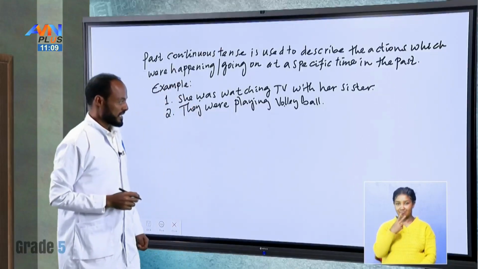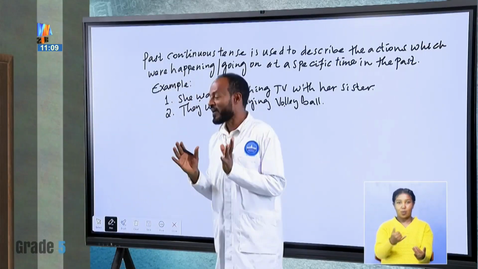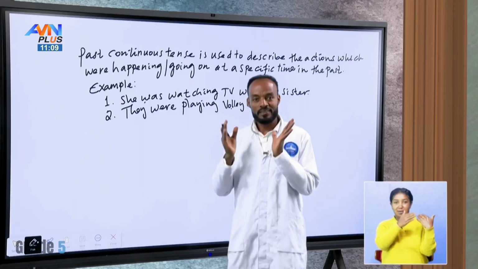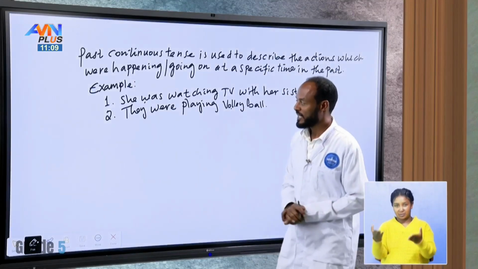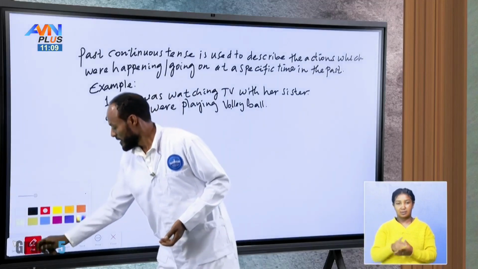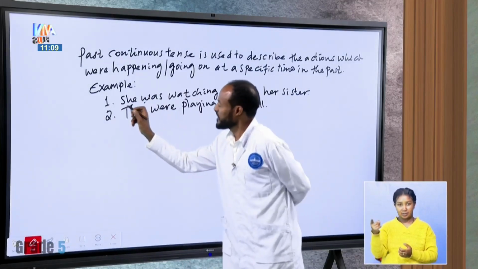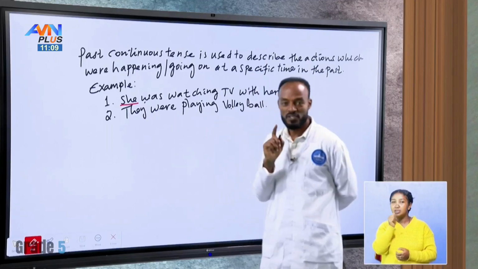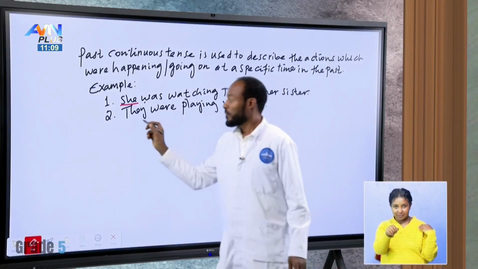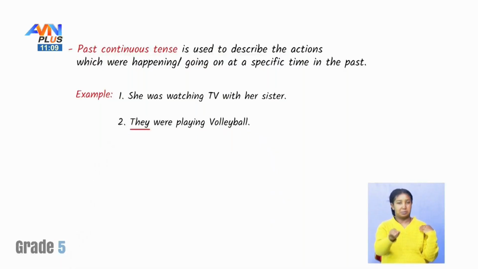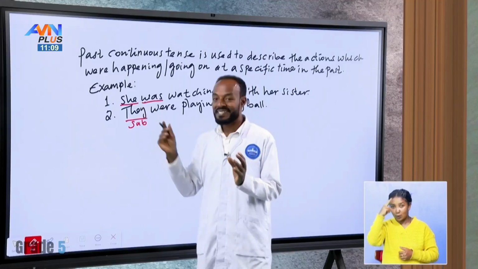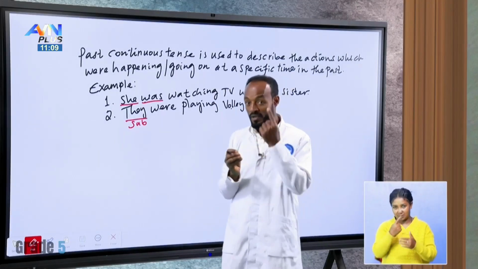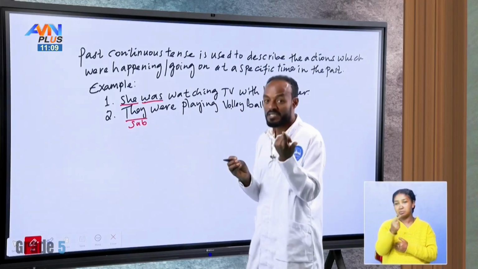Come on, students. Now, we're going to identify the subject, the verb, and maybe the receiver of the action in this sentence. So here, look, she, when we say she, this one is the subject, isn't it? What about they? This one is also the subject. We use was here because she is third person singular, or we're talking about something which is one.